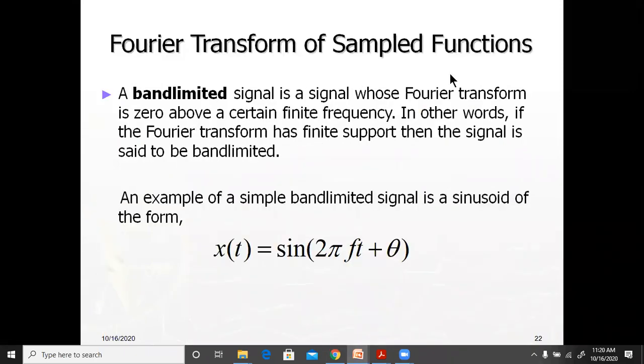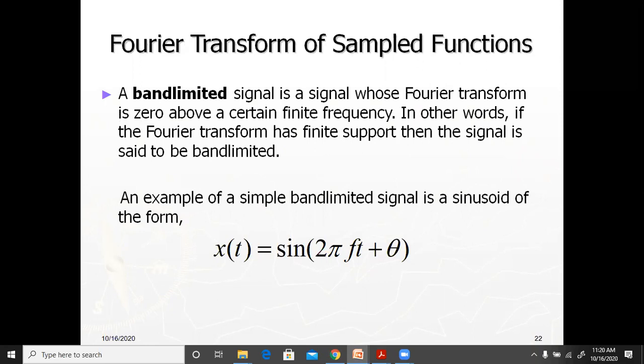Whenever we consider the Fourier transform of sampled functions, we consider only band limited signals. Band limited signals are those which are restricted to a finite frequency range. A band limited signal is a signal whose Fourier transform is 0 above a certain finite frequency, or we can say that they are within a finite frequency range.